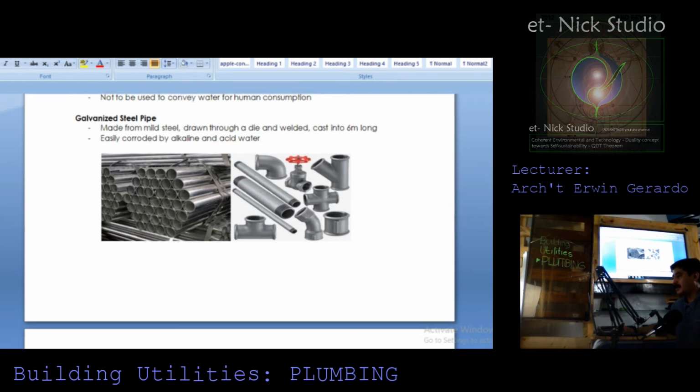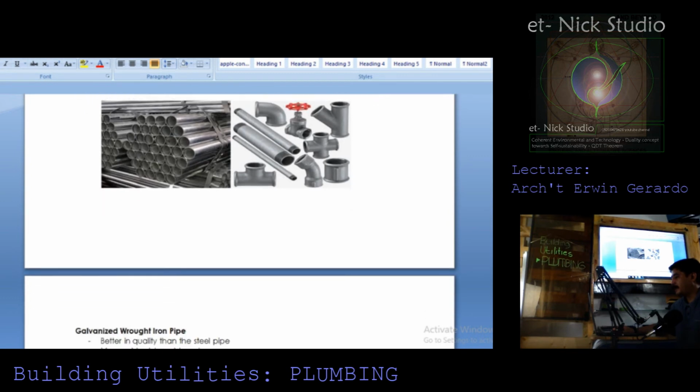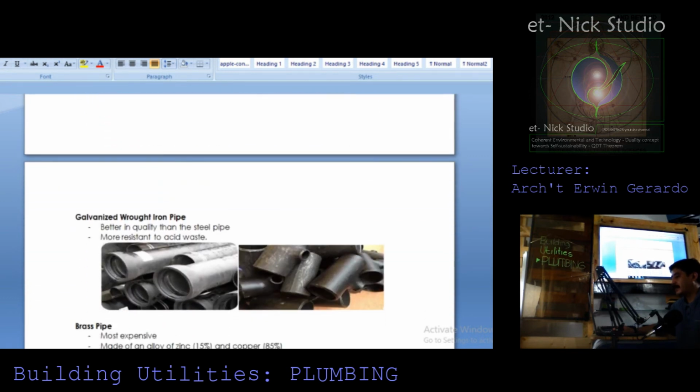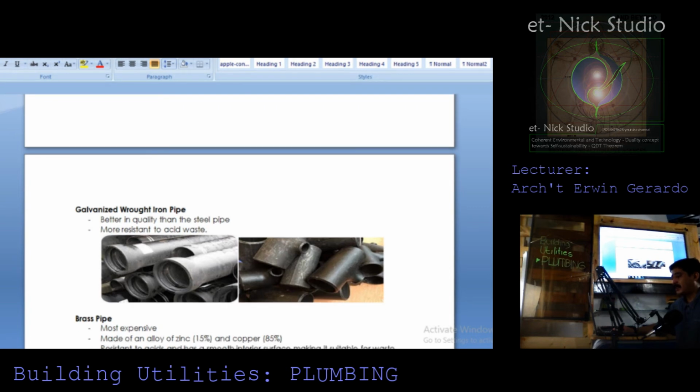It easily corrodes when alkaline and acid water is used in a galvanized steel pipe. Galvanized wrought iron pipe, better in quality than the steel pipe, more resistant to acid waste.